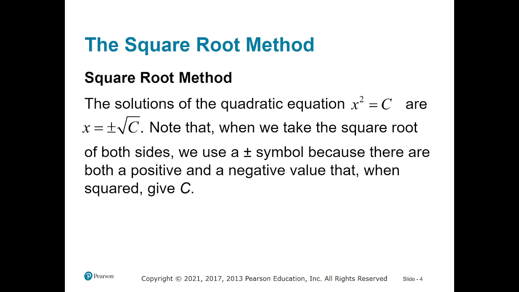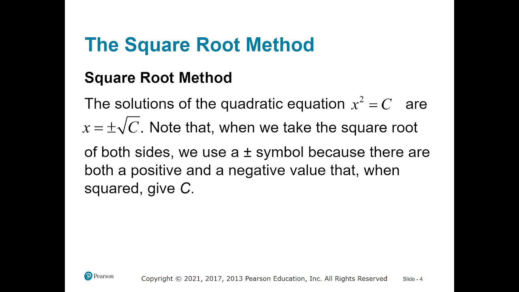Okay, so here's this square root method. We're going to say that solutions of the quadratic equation of this special form, x squared equals c, right? So that's x squared just by itself, and that's equal to c, some constant real number. Well, we're saying the solutions of this equation are x has to be equal to plus or minus the square root of that c. Okay, so it's important to note that when we're taking the square root of both sides, we have to use the plus or minus symbol because there's both a positive and a negative value that when we square it, we get c.